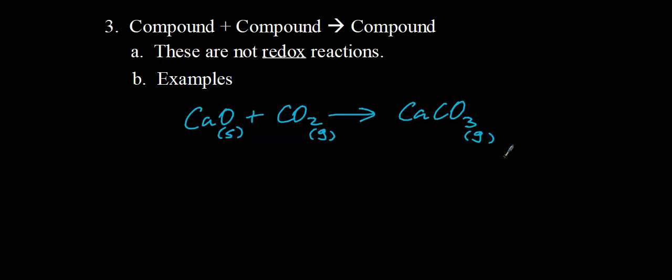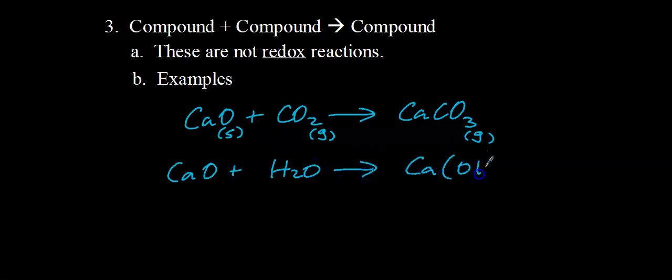Here's another one you might see. Metal oxides react with water to produce metal hydroxides. Again, you'd want to balance that equation. I'll let you do that and include states of matter.